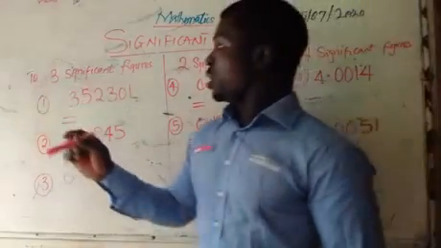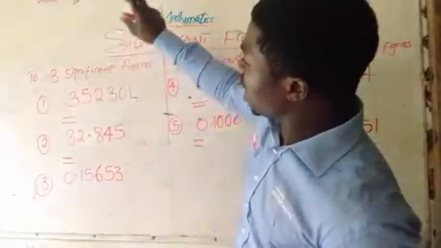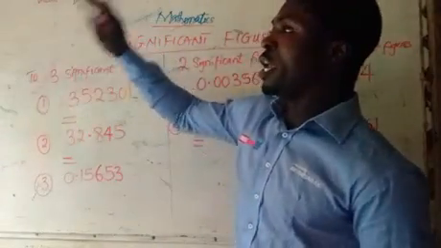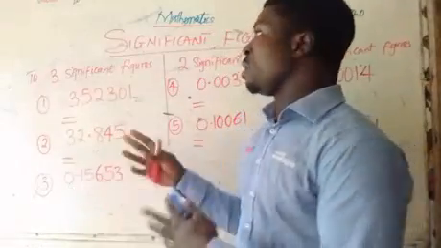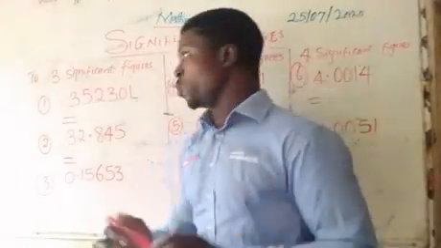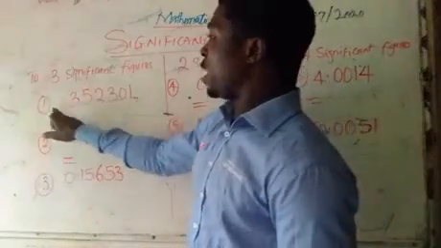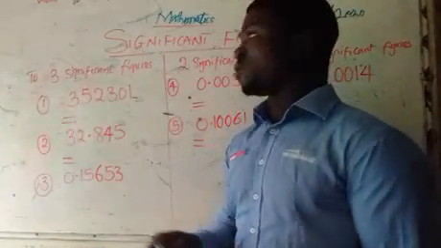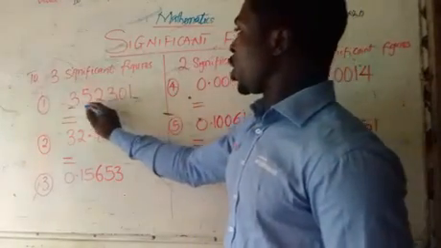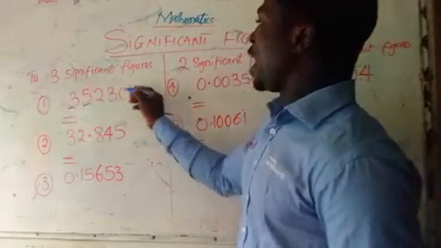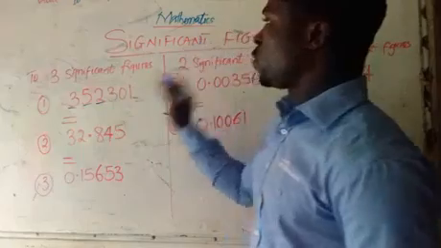So we count a significant digit from either 1, 2, or 3, or any of these numbers mentioned, but not 0. So for number 1, the first significant digit we have there is 3. The second is 5, and the third is 2.